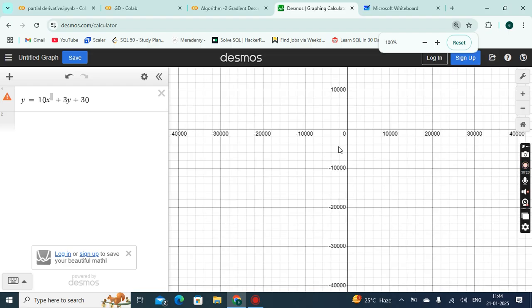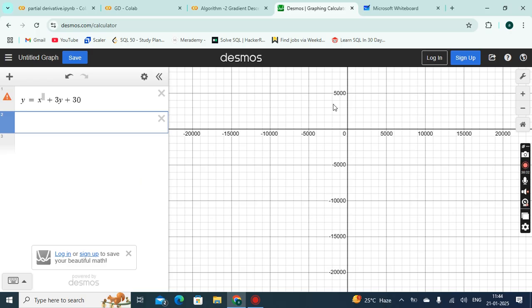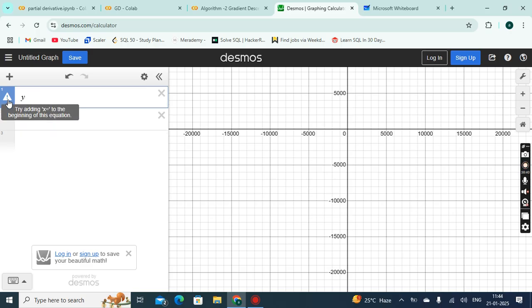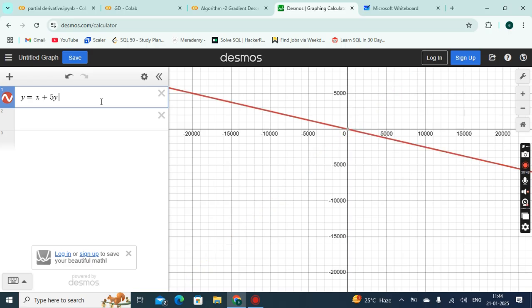If I put it as x and just see, one second. So this is the line of y equals x plus 5y plus 10.